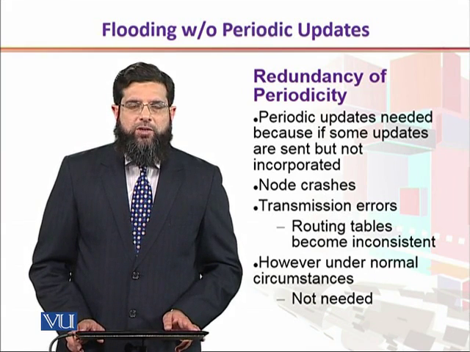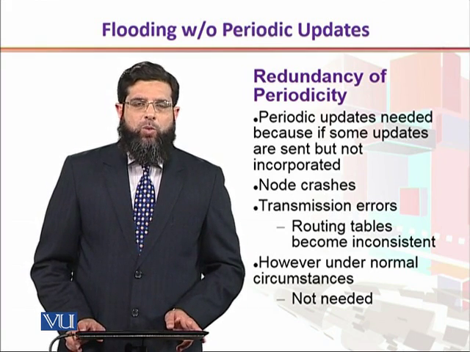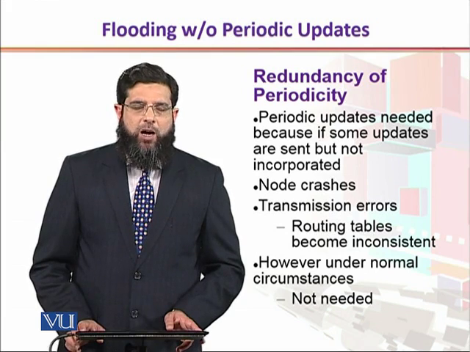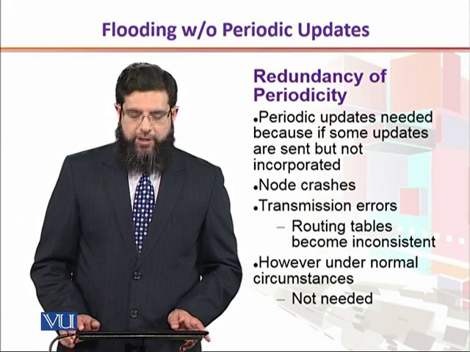Or a node crashes and then recovers and comes back to the network, and say it lost the time when the event was taking place, so it could not get an update. Now, when a periodic update is sent, it is going to keep track and become in sync with how others know the network topology.